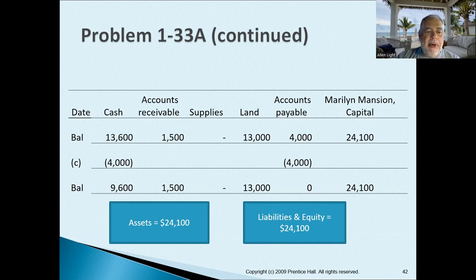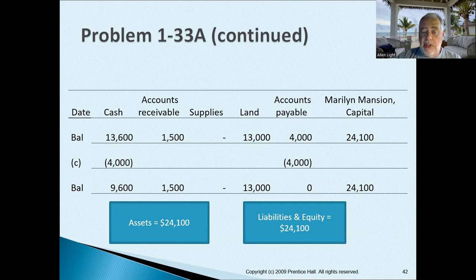Now notice that both of these numbers are in parentheses. When you see a number in parentheses, it means minus. So instead of having a minus sign, whenever you're subtracting a number, just put it in parentheses. So 13,600 minus 4,000. My new cash balance is 9,600. My accounts payable, I owed 4,000.